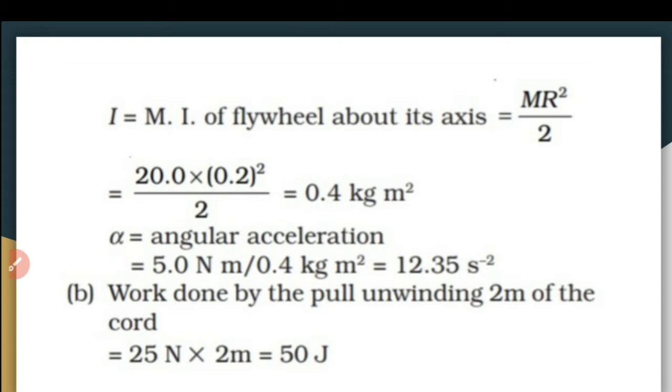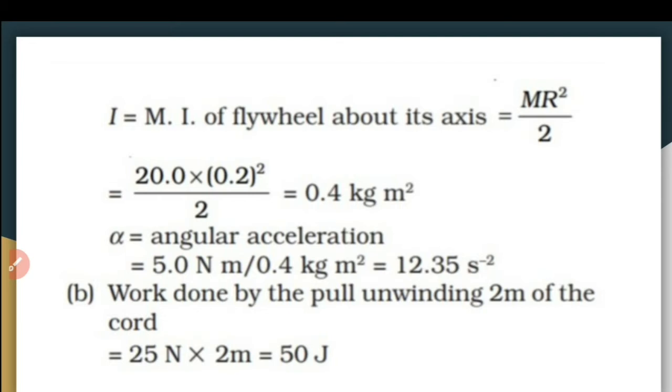Now coming to the B part, what is the work done by the pull in unwinding 2 meters of the cord? You can imagine that situation when we pull the cord down: the end of the cord, the point of application, undergoes a displacement of 2 meters.